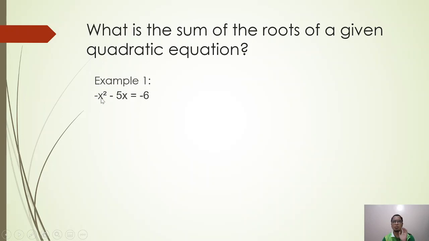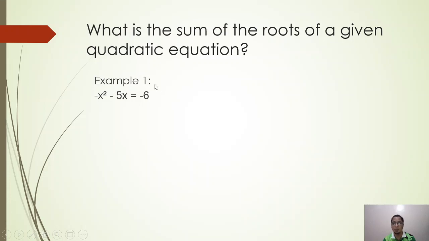So every time you will be working with quadratic equation, your first main focus should be the quadratic term. Dapat po ito positive. So pwede po nating, sir, ito yung ating quadratic term na negative. Lahat ng nasa grupo nito, bago yung equal sign, ililipat mo sa kabila.